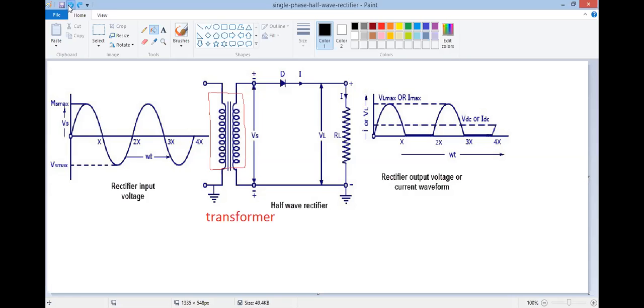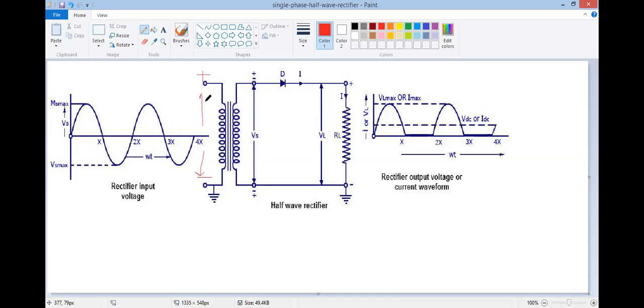So see, now I will explain. Now consider, at this point, suppose positive half cycle is reaching. Getting? Whatever this positive half cycle of the input is, we'll consider that it appears across the input side.